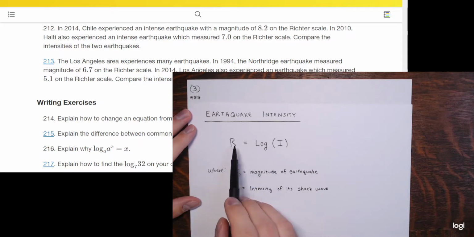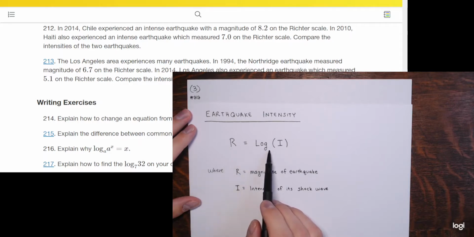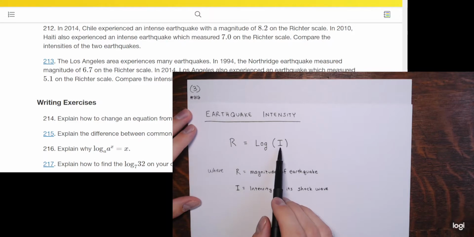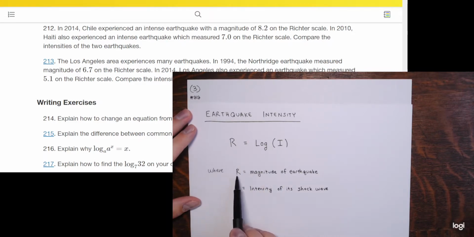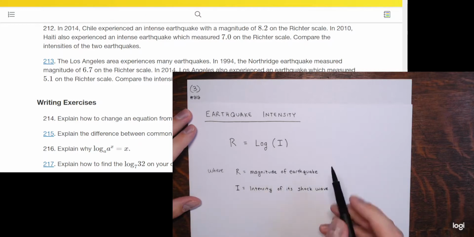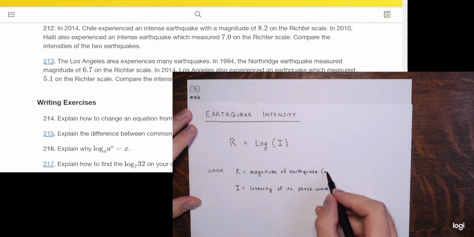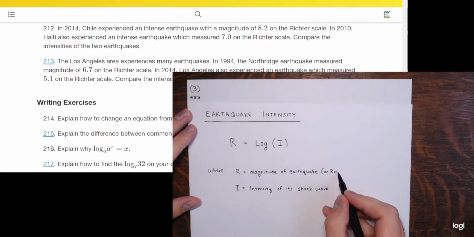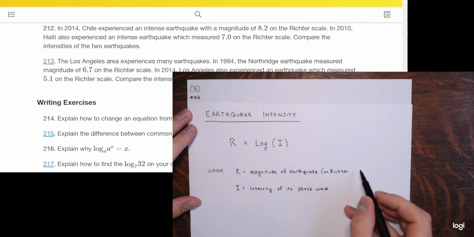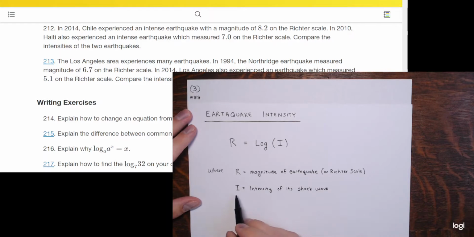R equals the log base 10 of I. Very simple equation, where R is the magnitude of the earthquake, that number that comes up on the Richter scale, and I is the intensity of its shock wave, or just the intensity of the earthquake.